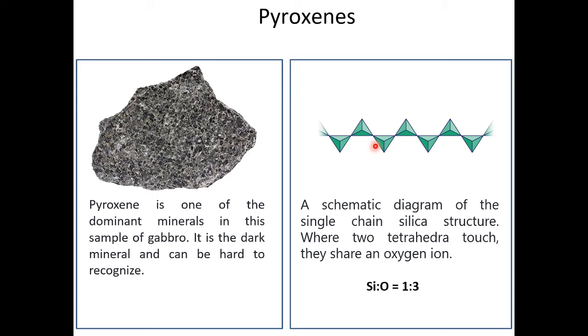And here we have the single chain structure, and we can see the ratio of silicon to oxygen is 1:3. So let's take the example of the chain up to here, right, and this one. Within 3 silicons, how many oxygens do we have?